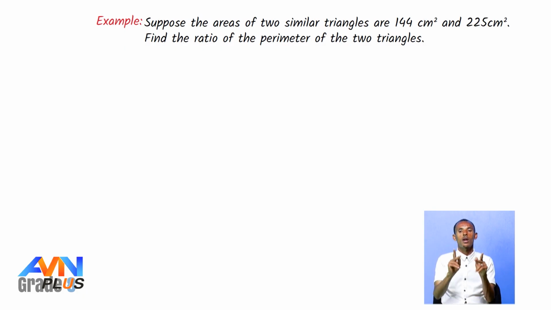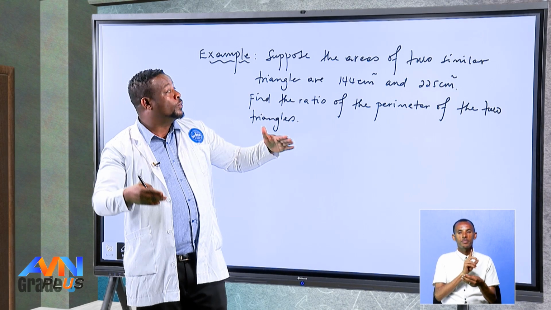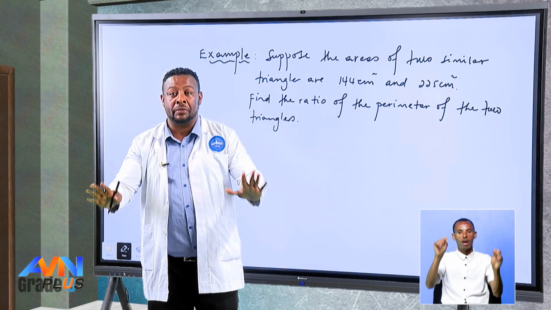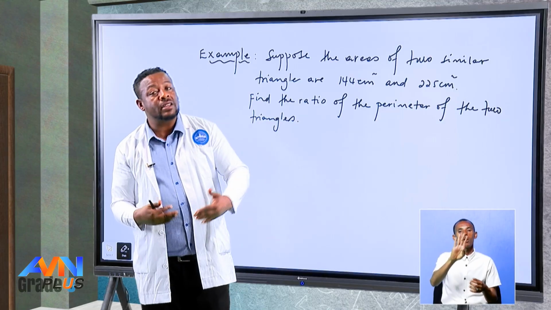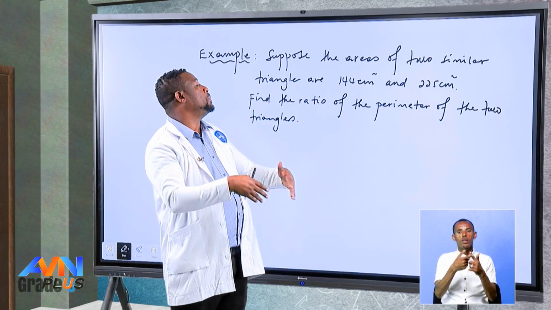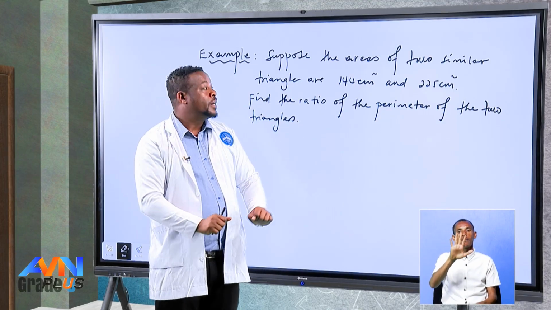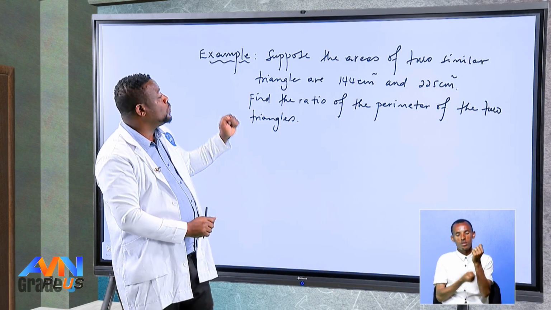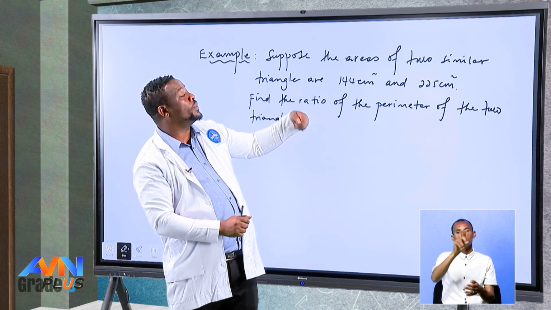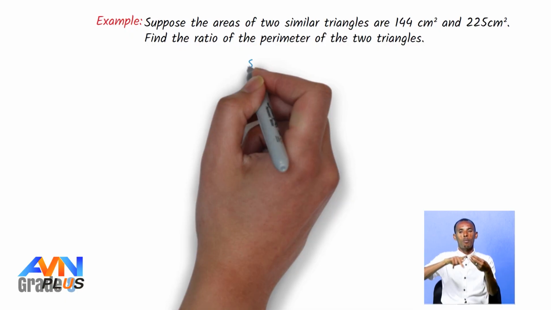Okay. Here, in this example, what's given, the areas of two similar triangles are given. One is 144 centimeters square and the other one is 225 centimeters square. Okay, based on this information, we are asked to find the ratio of the perimeters of the two triangles, right?